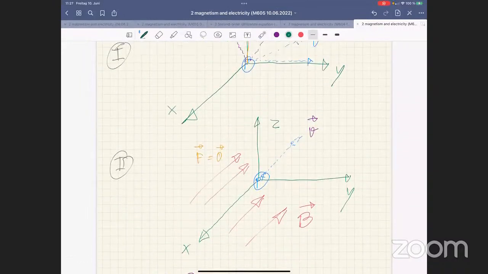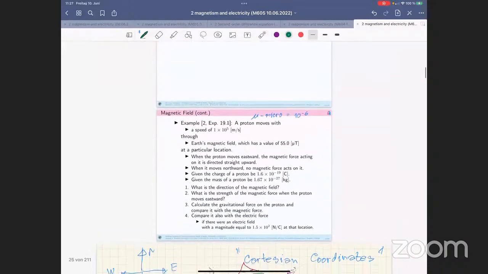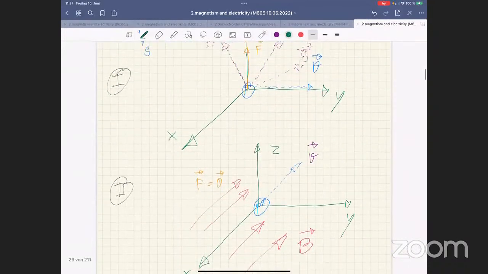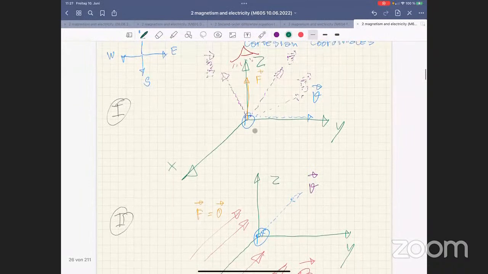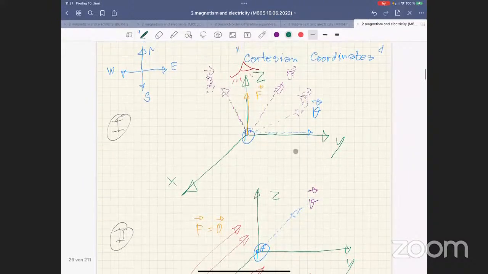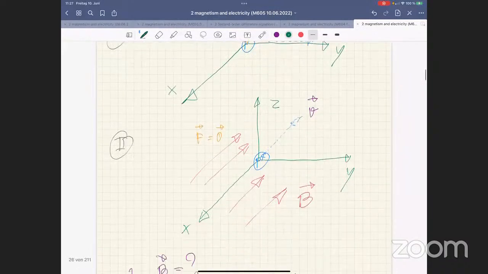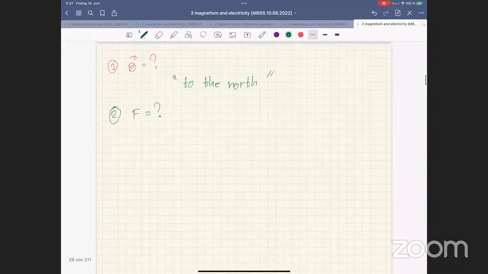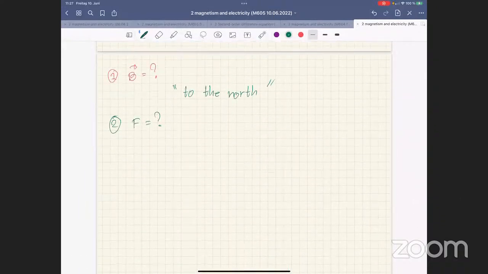F in this scenario? Here, once the proton moves eastward, to the right hand side here. Of course, we know that the magnetic flux density is pointing that way. Now let's write down our configuration.